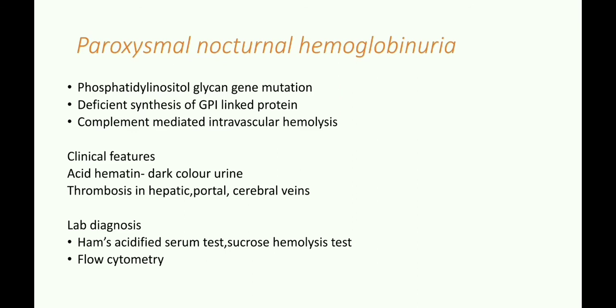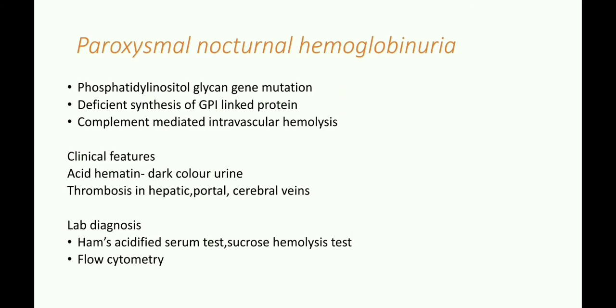As a result, there is complement activation, and it leads to intravascular hemolysis. That means the RBCs are destroyed within the systemic circulation. Since they are destroyed within systemic circulation, the hemoglobin is released into the blood, and this can be filtered by the kidney, so hemoglobinuria can occur.